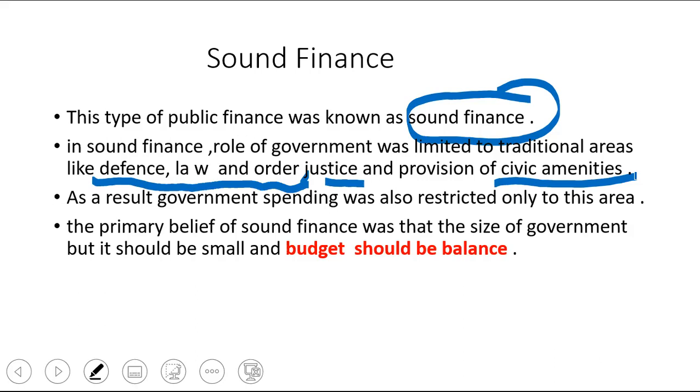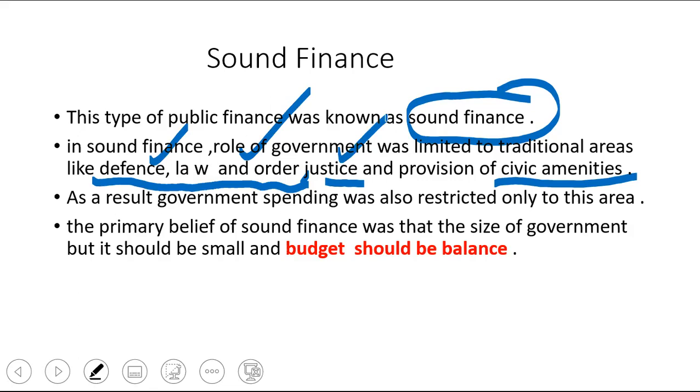Write A, B, C, D. A, government has to interfere. A, defense. It is given there, look. B, law and order. It is given there, look. Law and order. C, justice.